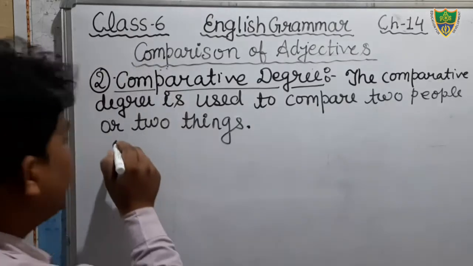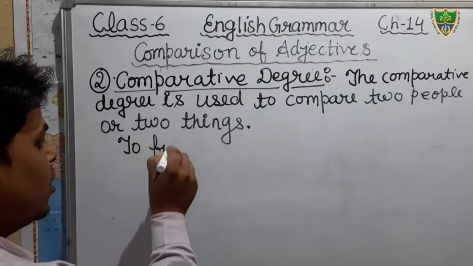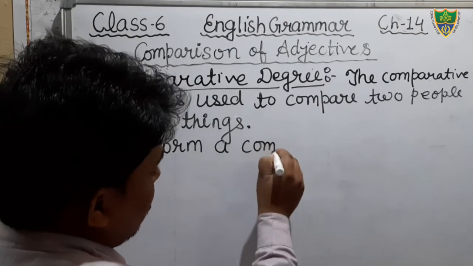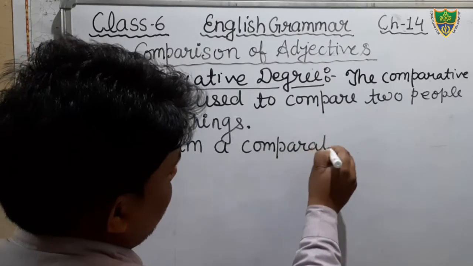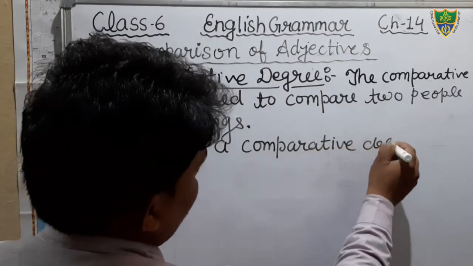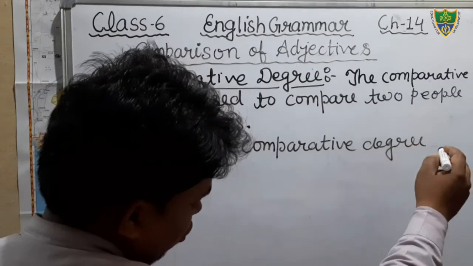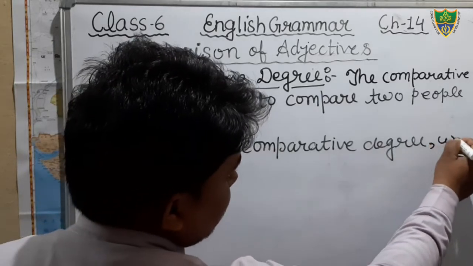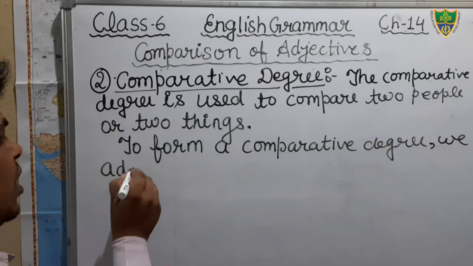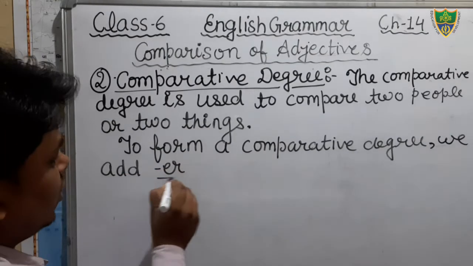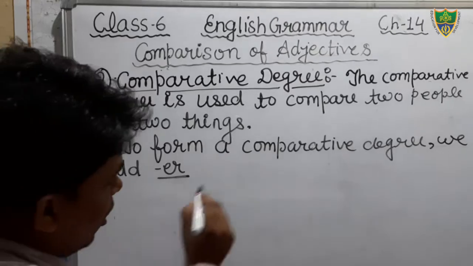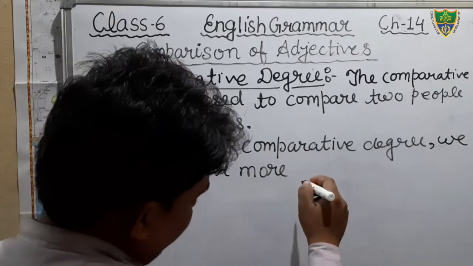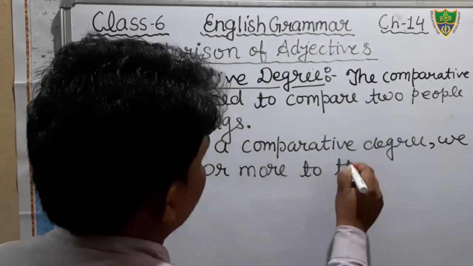And how do we form? From the next line you will write, to form a comparative degree, we add ER or more to the positive degree.